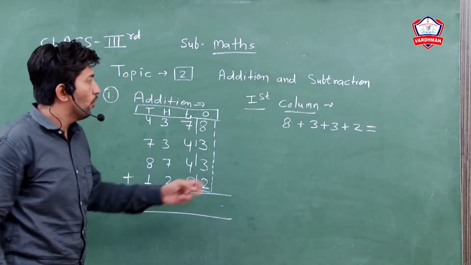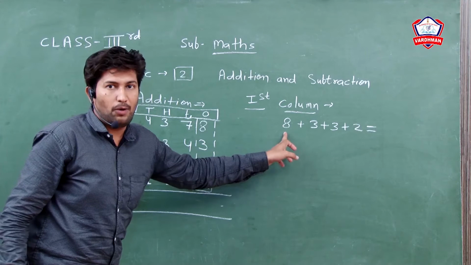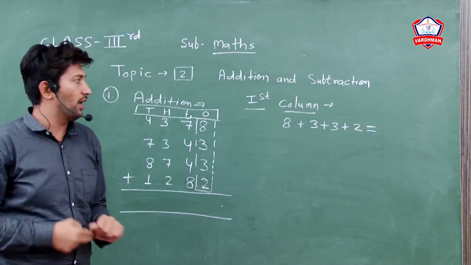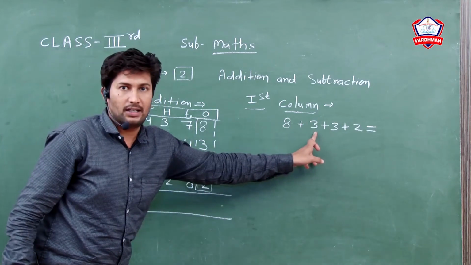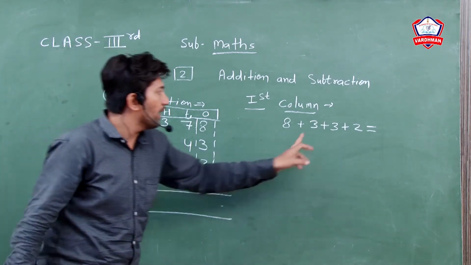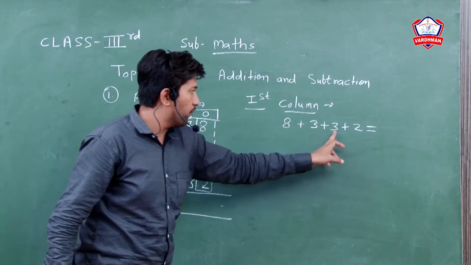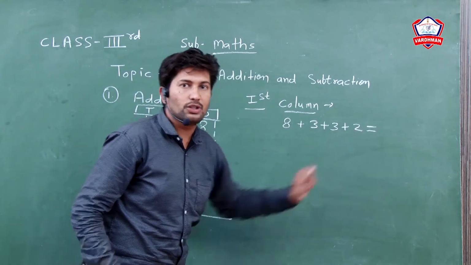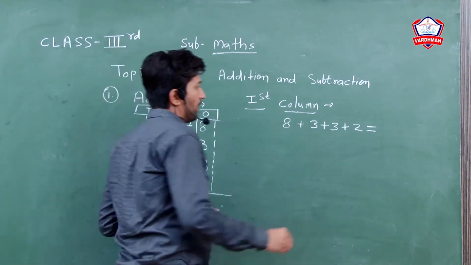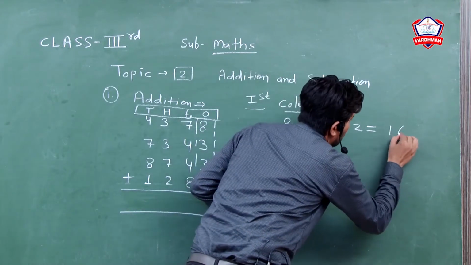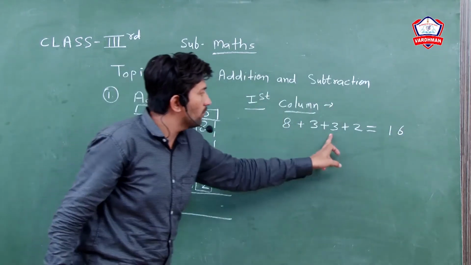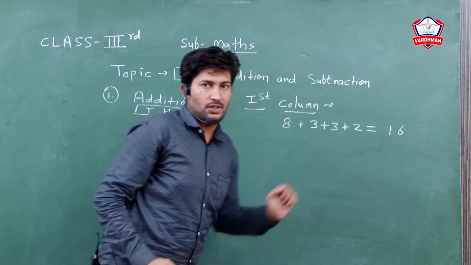Okay, now you already learned about the addition of these 4 numbers. 8 add by 3 is 11. 11 add by 3 is 14, and add by 2 is 16. Now the addition of all 4 numbers is 16.